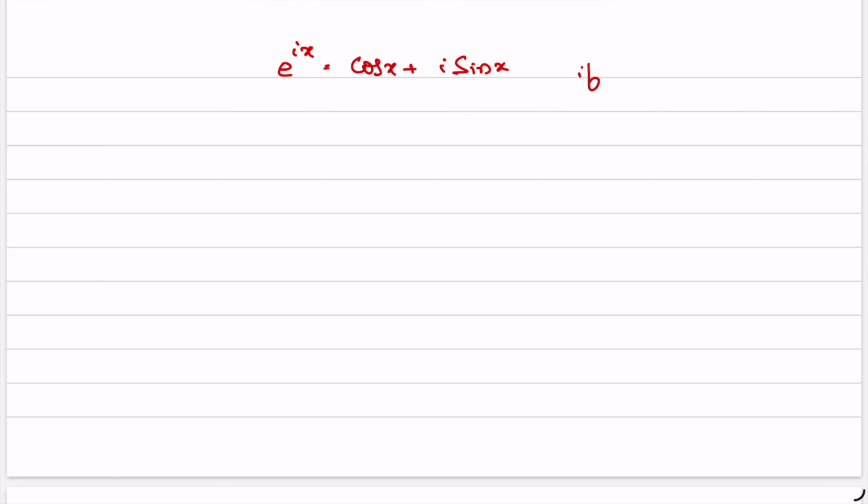If x is equal to pi by 2, what happens? e to the power of i pi by 2 is equal to cos pi by 2 plus i sin pi by 2.